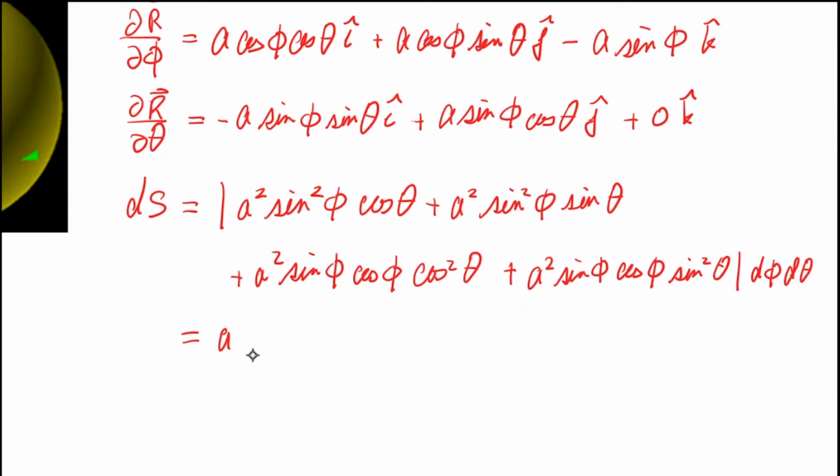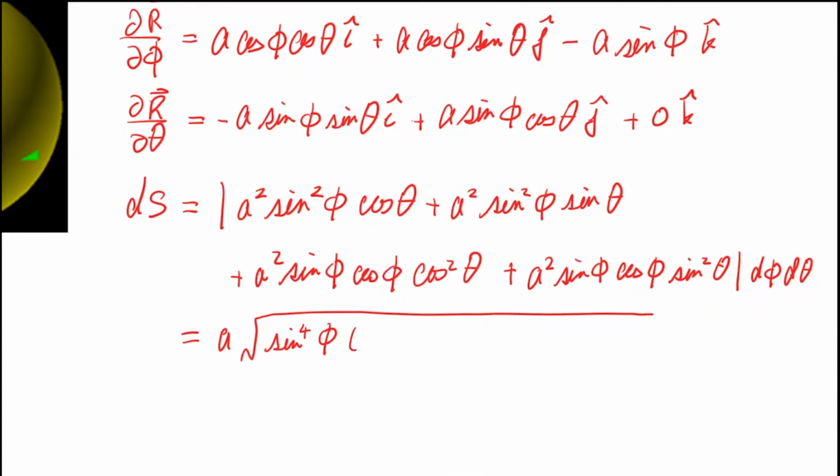I just factor out a and then I'll have to just deal with everything else. Okay, so between these two, I have sine to the fourth power because I'm squaring everything and adding it up.